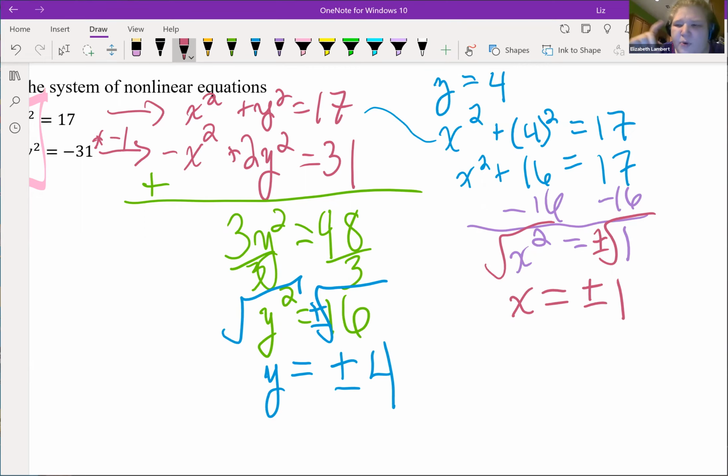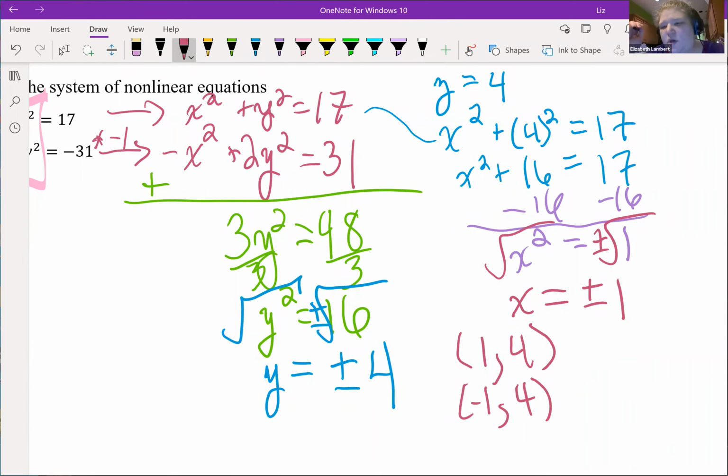So for one number, y equals 4, I got 2 x values. So that means I have 2 points just from that one y value. So let me write those ordered pairs down. So that is x is 1, y is 4. x is negative 1, y is 4. Now, when this happens, what you're going to see is the numbers show up a lot.